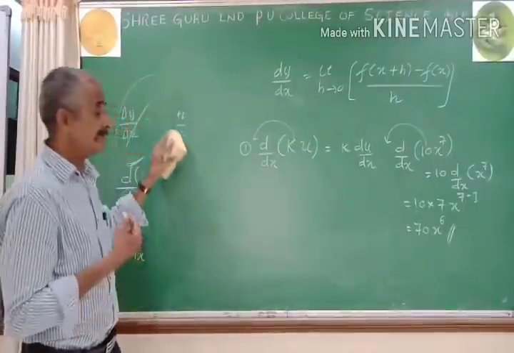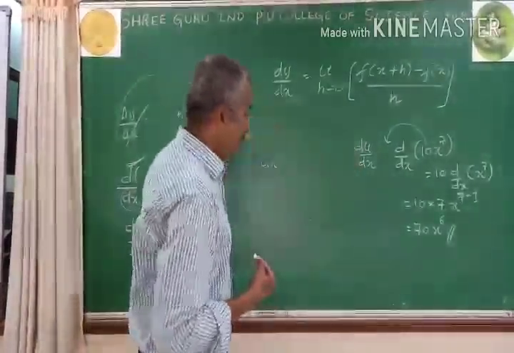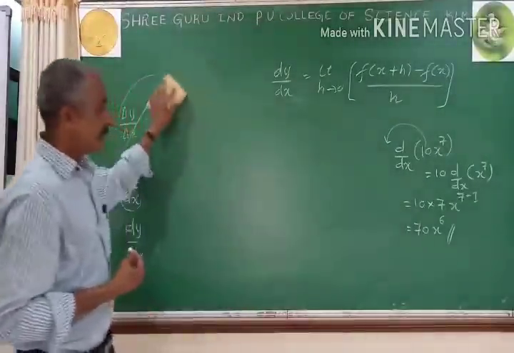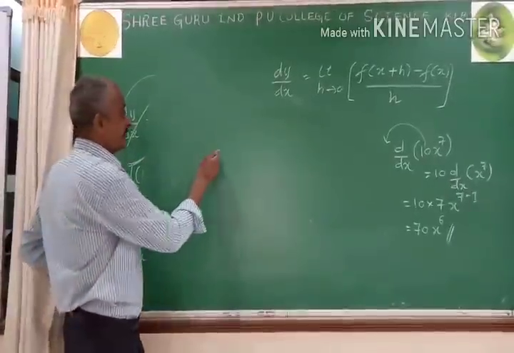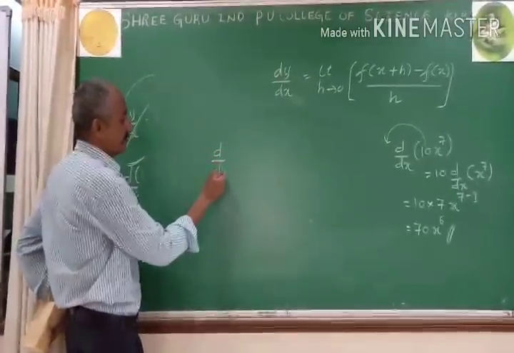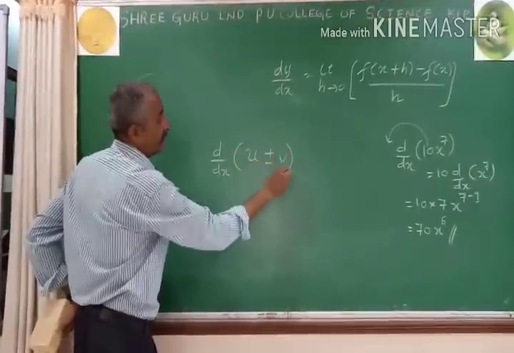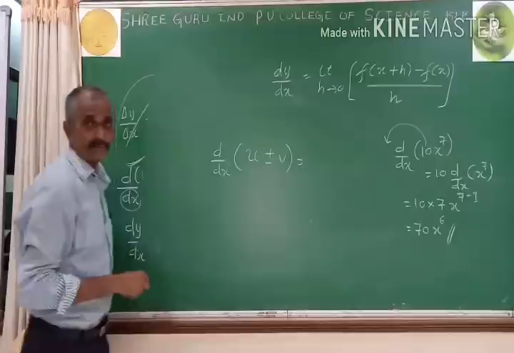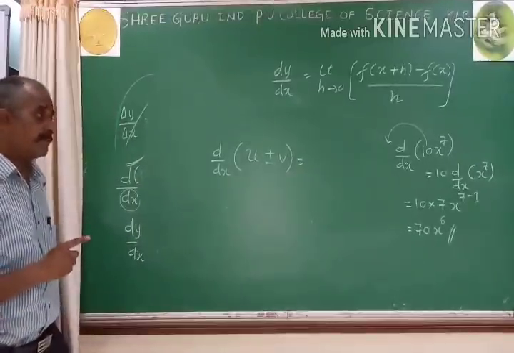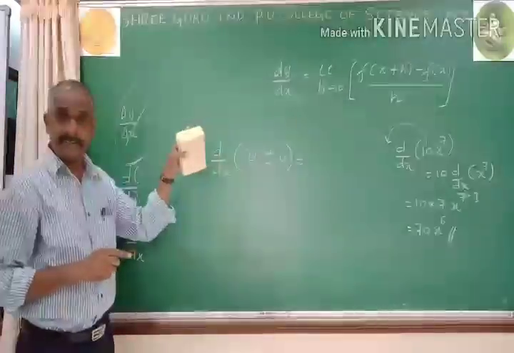Then comes the sum rule of differentiation. What it says is that d by dx of u plus or minus v, where u and v are functions of x. U and v are functions of x means u and v are in terms of x.